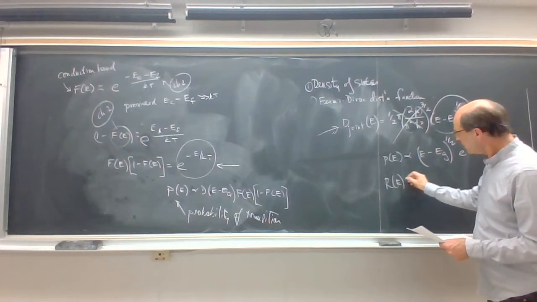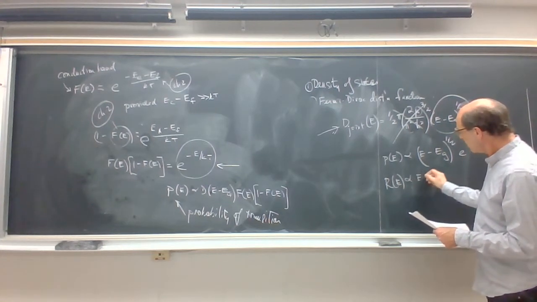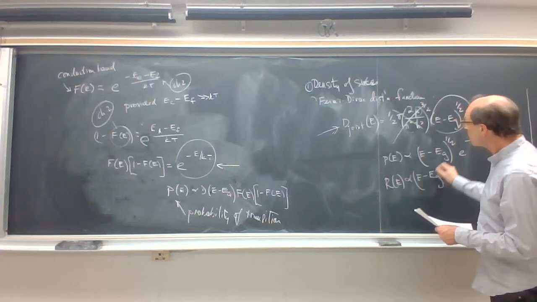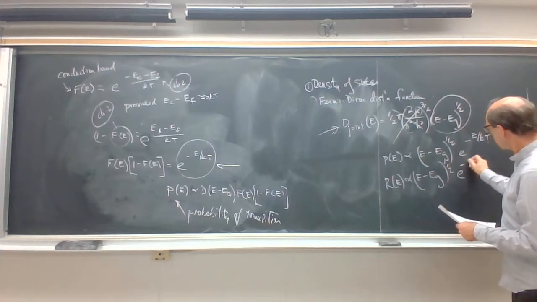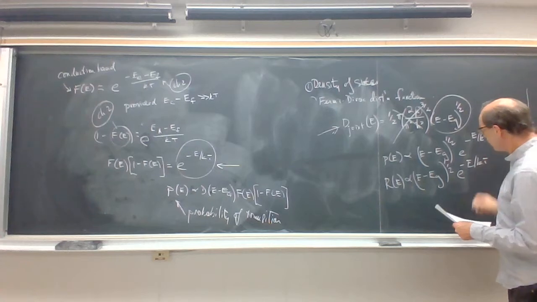And the photon emission rate is proportional then to E minus EG to the power 1/2 times e to the minus E over kT.